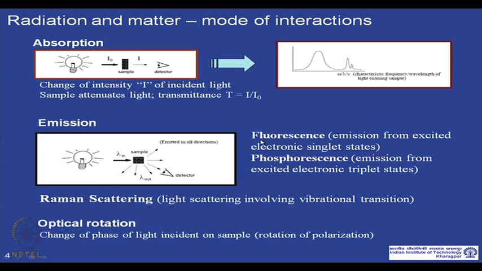The different types of emission spectra we can use are fluorescence, emission from excited electronic singlet states, and phosphorescence, emission from excited electronic triplet states. The other type of interaction is scattering and optical rotation. The sample might change the rotational polarization of the light, causing a change in optical rotation.